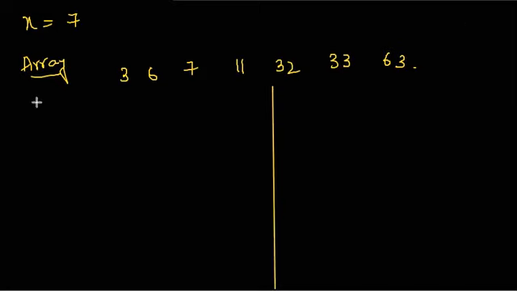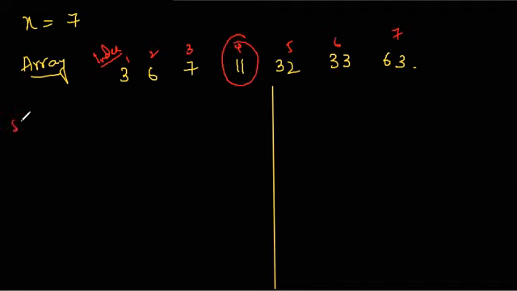The first step will be to find the middle element. Total elements here, let's begin our index with 1 again. So the index is 1, 2, 3, 4, 5, 6, 7. The middle element here is 11.